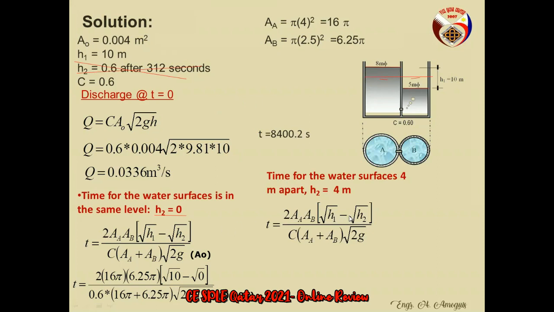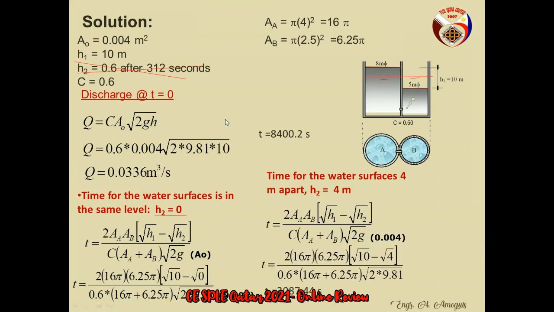H1 is 10, H2 is 4, and area A and area B are given. The 0.004 is the area of the orifice, which was missing in the equation. So you have a time equals 3,087.4 seconds, depending on the choices, whether in minutes or hours. In seconds, that is about 3,000.